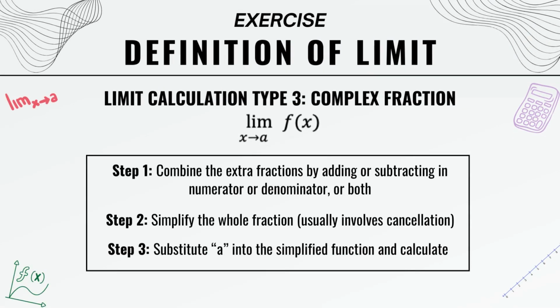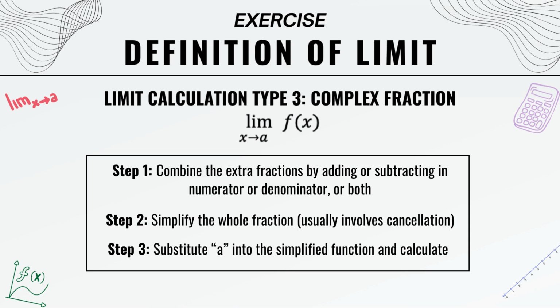The third type that usually appears in Calculus 12 is the complex fraction. A complex fraction is a fraction that has fractions in the numerator, denominator, or both. Like the previous type, it won't let you just substitute. You'll have to simplify the complex fraction to make it a completely normal fraction.